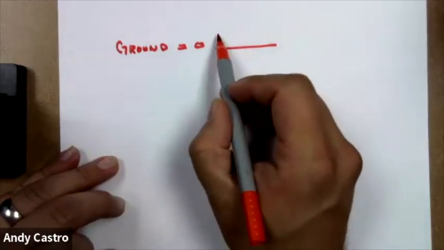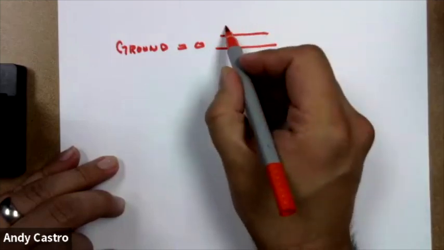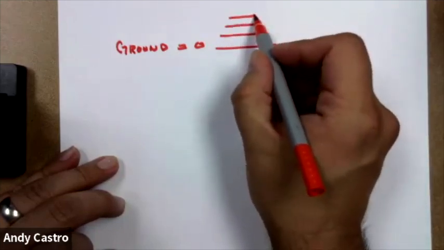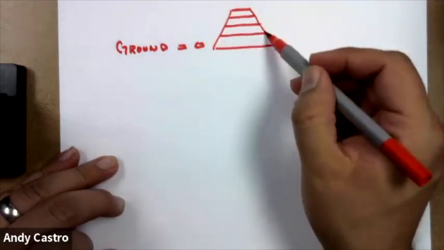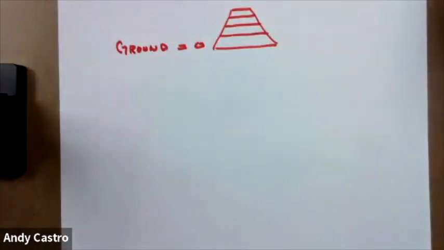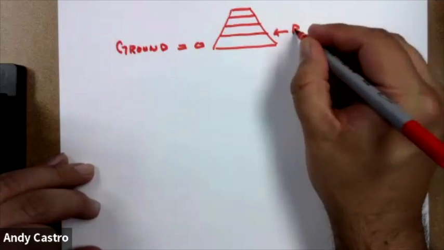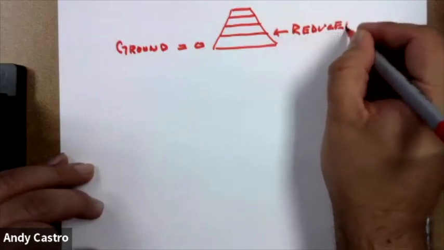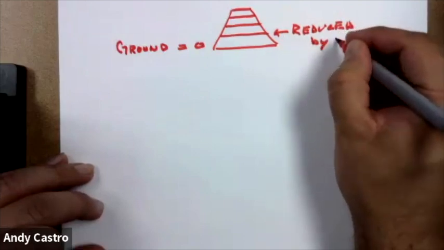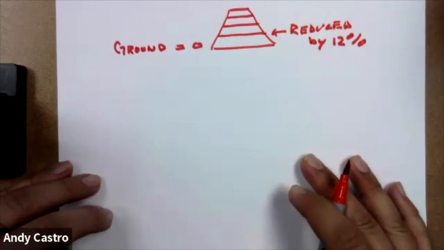Then the next floor is going to be reduced by 12%. Then we're going to be reduced by 12%, so on and so forth. So it's going to have this tapered look to the office building, almost like it's coming to a point in a pyramid, right? And so each floor is reduced by 12%.